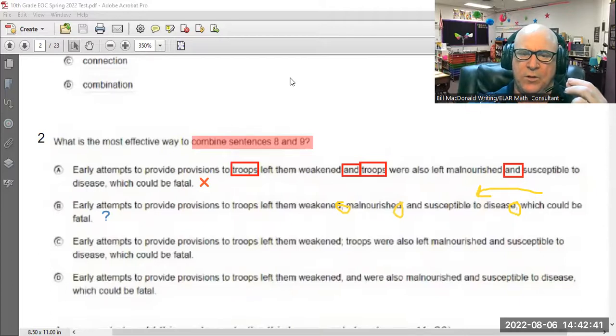If we're doing annotations, put something to mark it in such a way that shows your teacher, yes, I might pick this one.